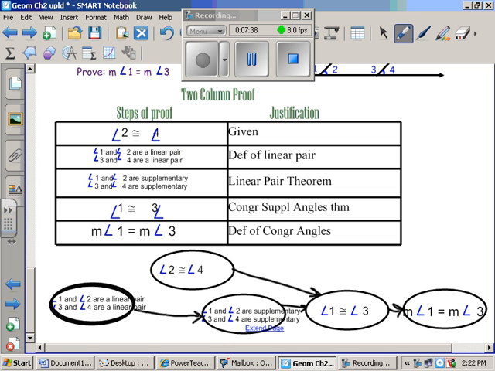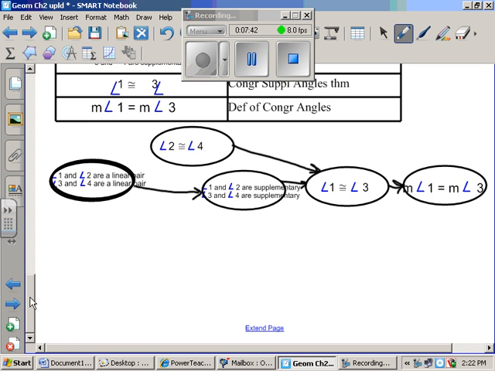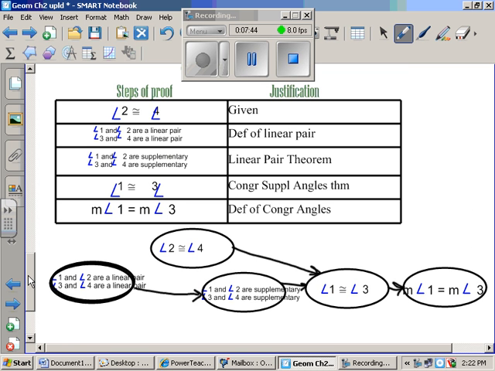And Lauren, why? Let's put some reasons in here. And remember, we can use the proof. Why? What's the reason for this one? Good. Okay. What's the reason for this one? Right. A definition of linear pair. And then?